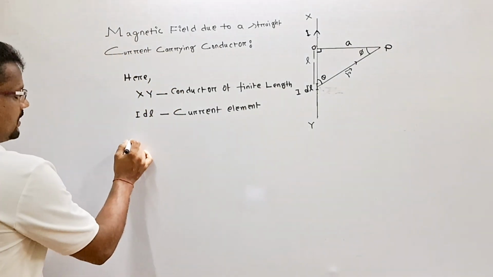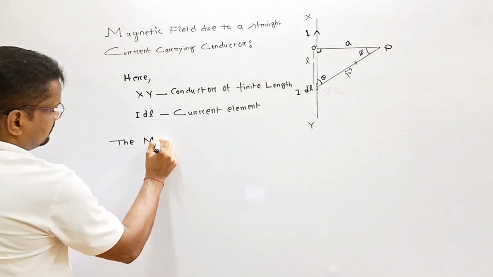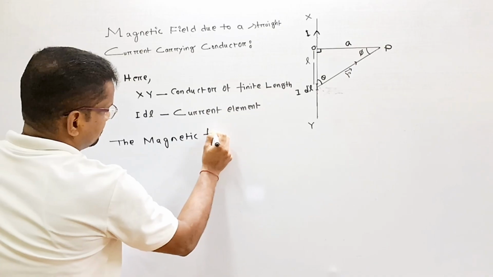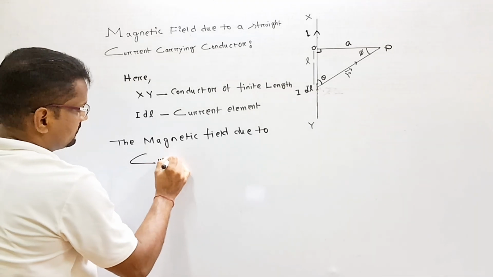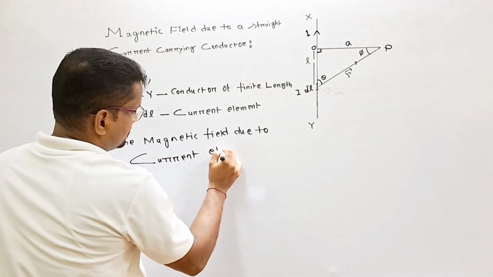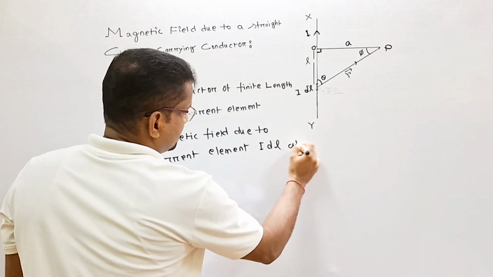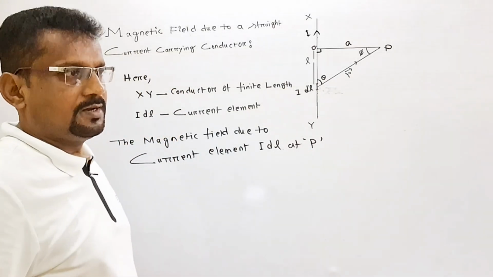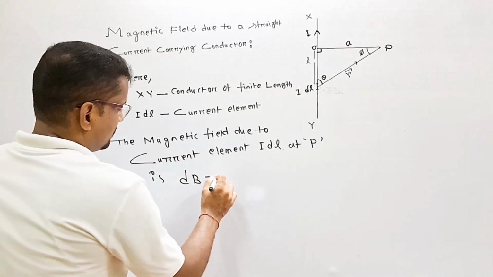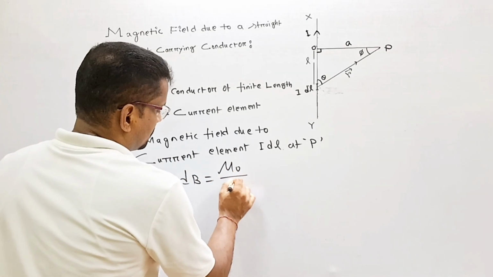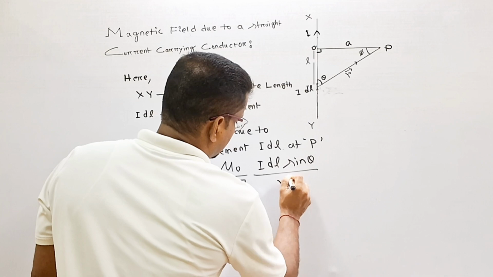Now the magnetic field due to current element I dl at P, which is given by the Biot-Savart law, is dB equals mu naught by 4 pi I dl sin theta by R square.